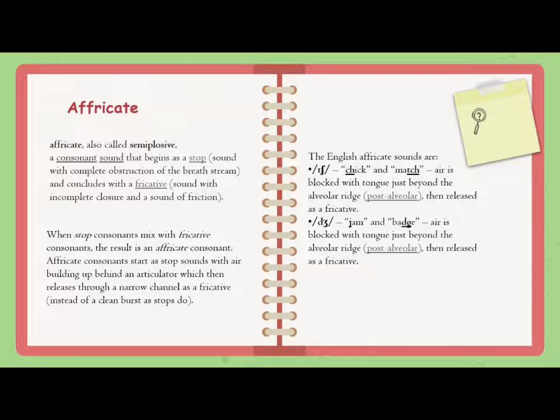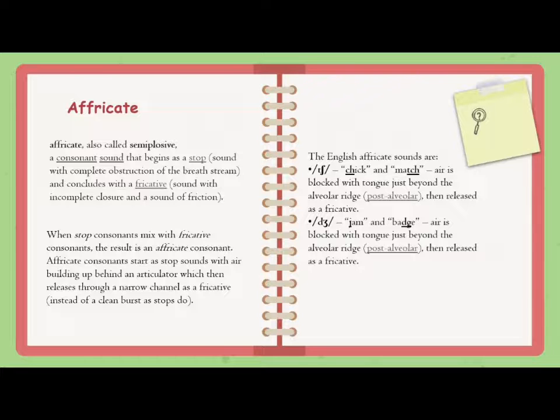When stop consonants mix with fricative consonants, the result is an affricate consonant. Affricate consonants start as a stop sound with air building up behind an articulator, which is then released through a narrow channel as a fricative, instead of a clean burst as stops do.